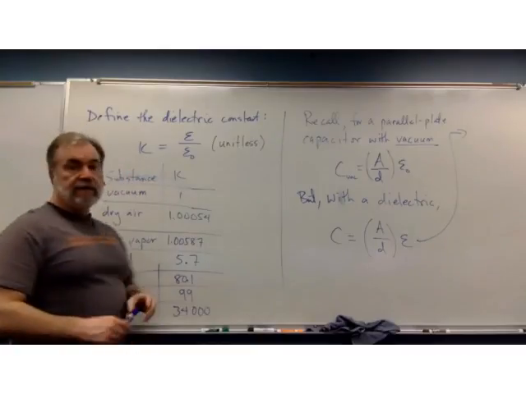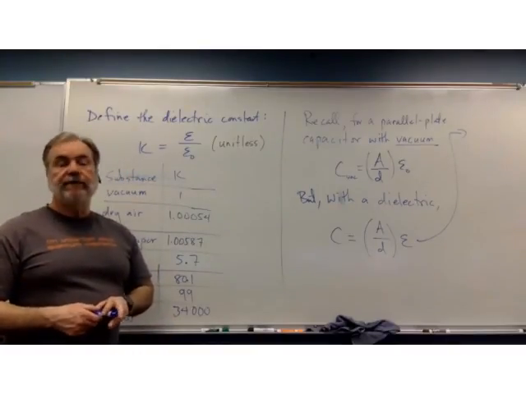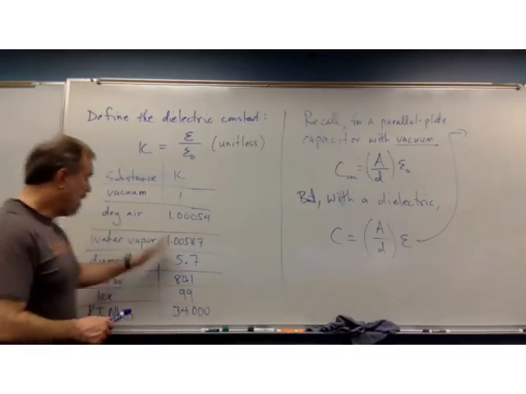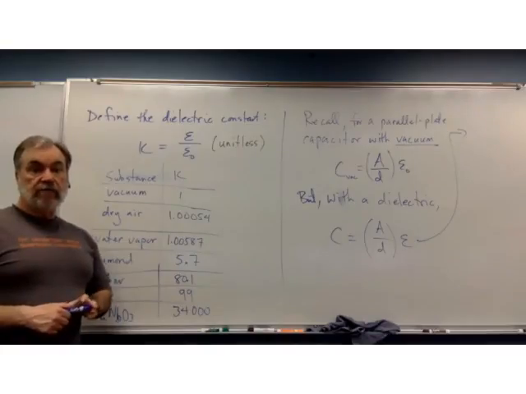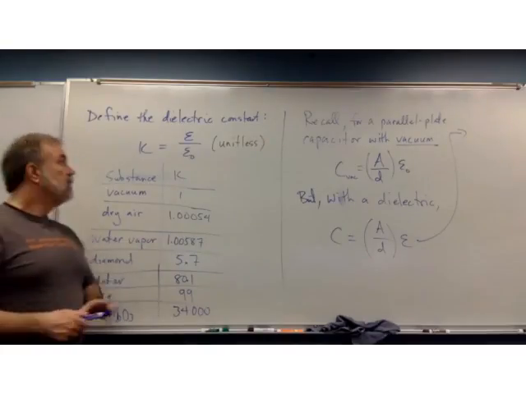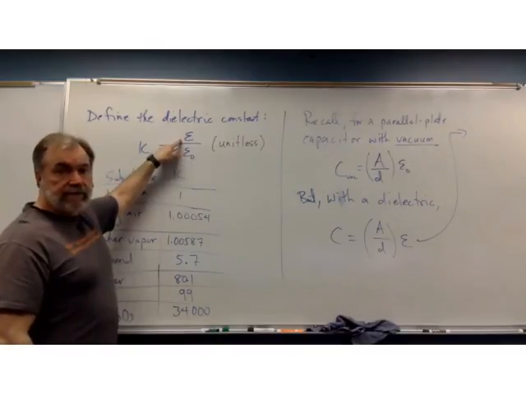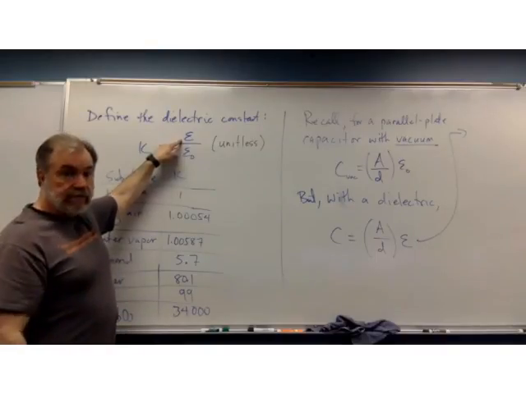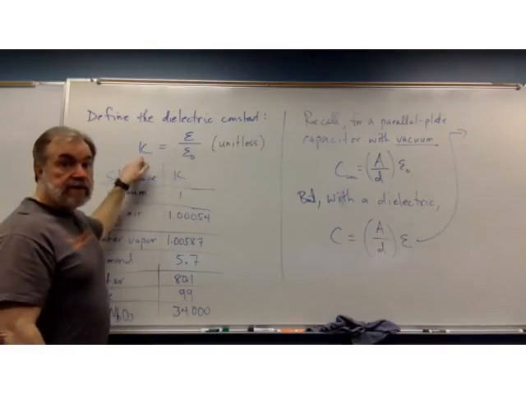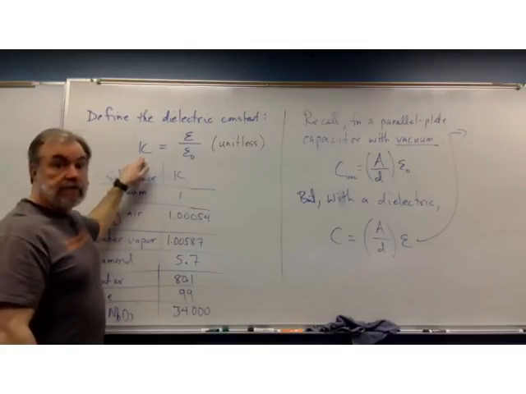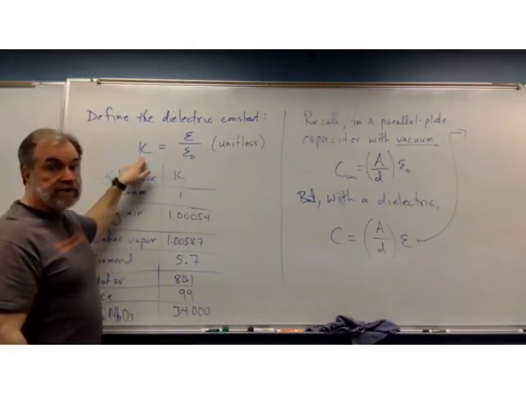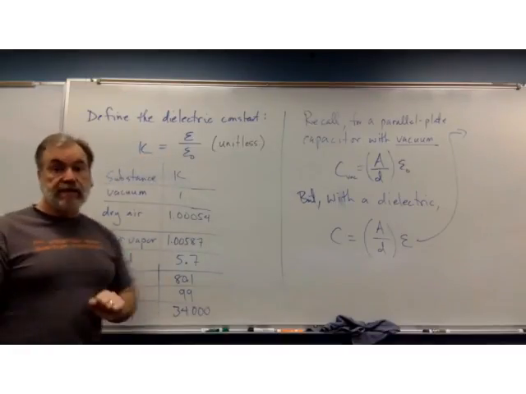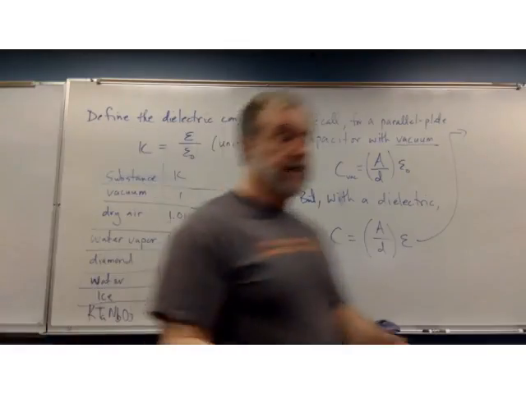So kappa is a measure of how strongly a particular material can polarize. The larger the value of kappa, the more strongly the dielectric material gets polarized when it's inside the field. So epsilon, the permittivity, measures how easily the electric field can penetrate and pass through the dielectric material, whereas kappa tells you how strongly the dielectric material polarizes in the presence of an electric field. So they're related to each other, but they are discussing different things. Related things, but different.